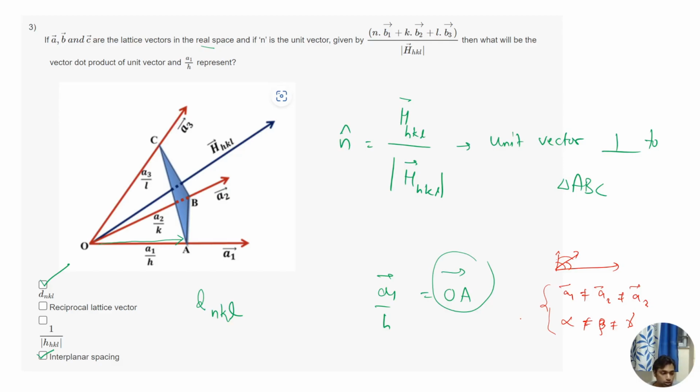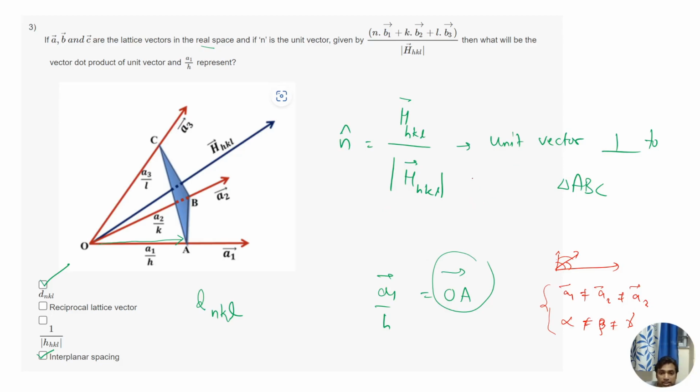So when we say HKL divided by modulus of HKL, is it in real space or reciprocal space? It need not be in any space. You can think of it as a vector. A vector can be in any space, so it needs to have a direction, no units. Here we are talking about the direction, not the units.